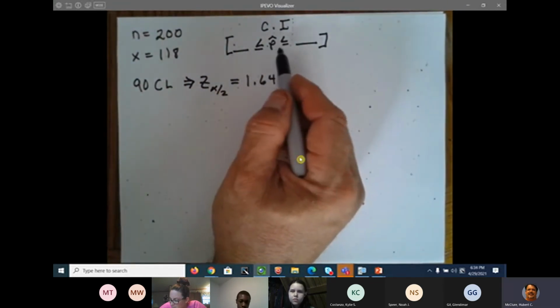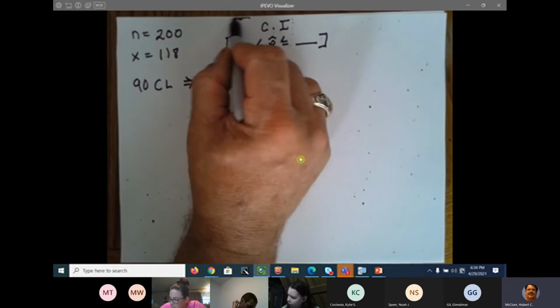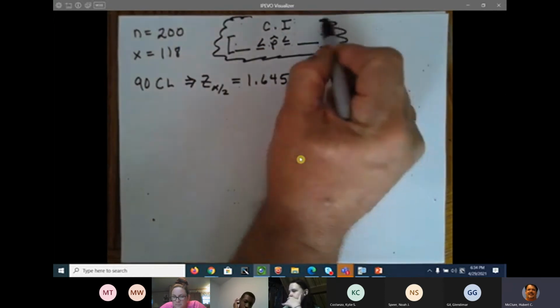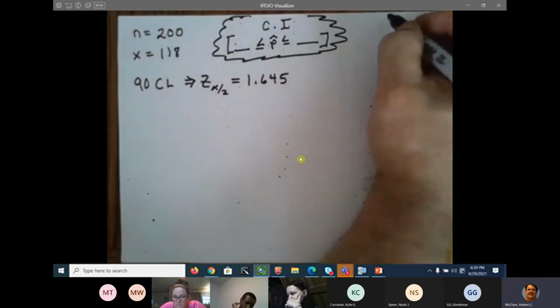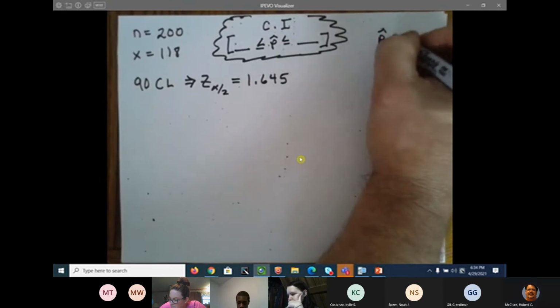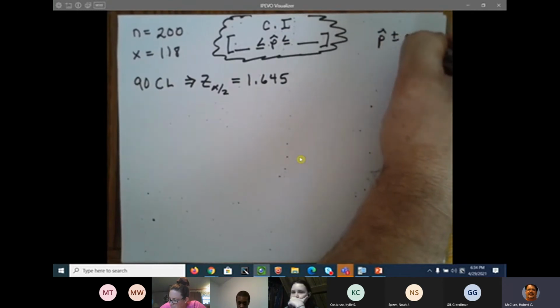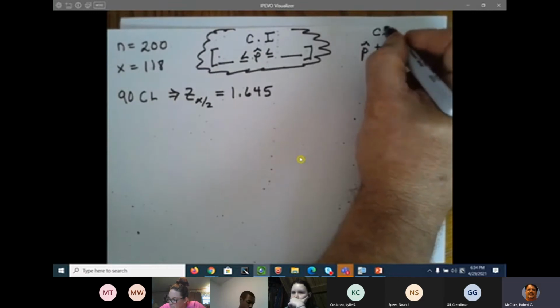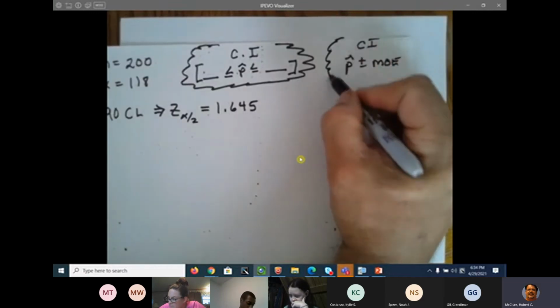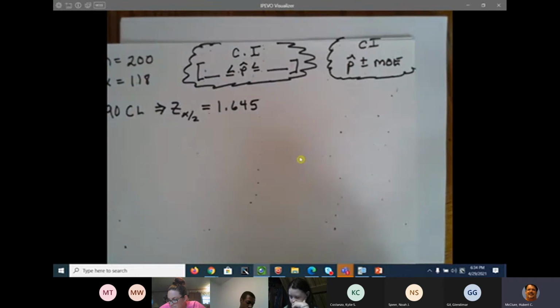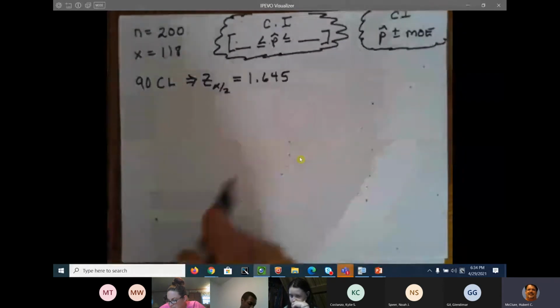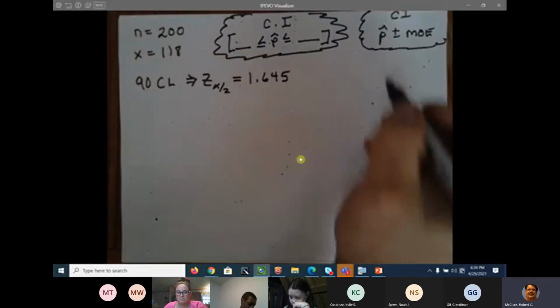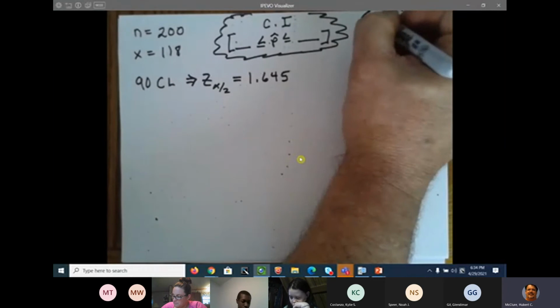That's the way that we write it when they ask for a confidence interval. Sometimes they just want it as P hat plus or minus the margin of error, and that's another way to write a confidence interval. So I need you to make that note on this question because the multiple choice answers are in this form right here.